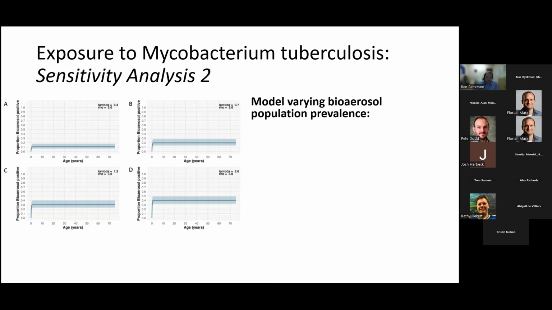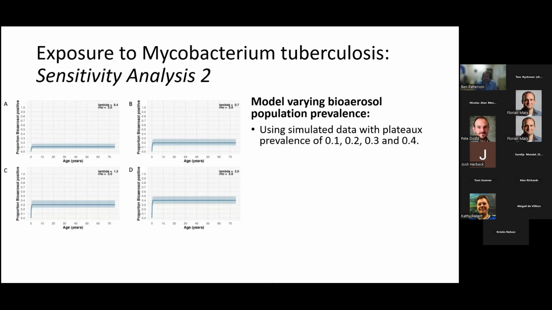The next sensitivity analysis was on the basis that we're as high a prevalence as probably exists almost anywhere in the world, but most other settings would have a presumed much lower bioaerosol population prevalence.